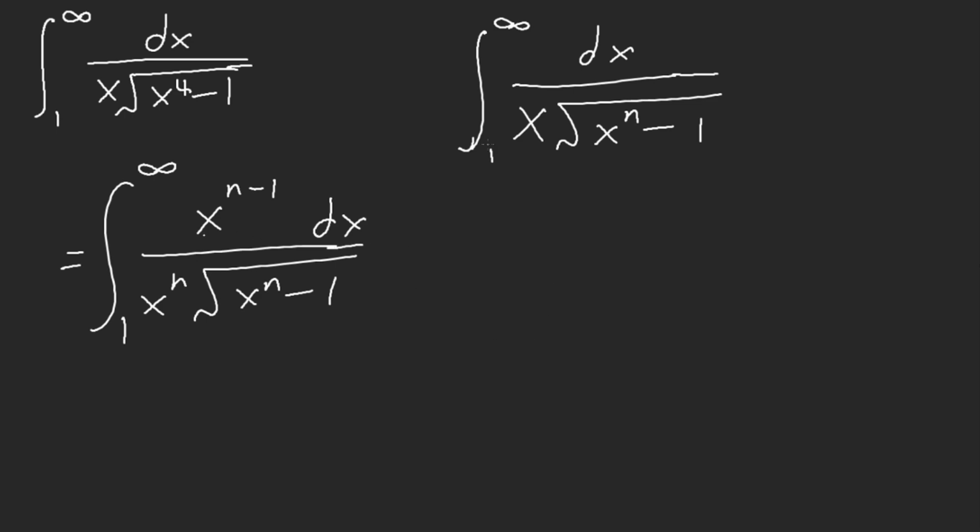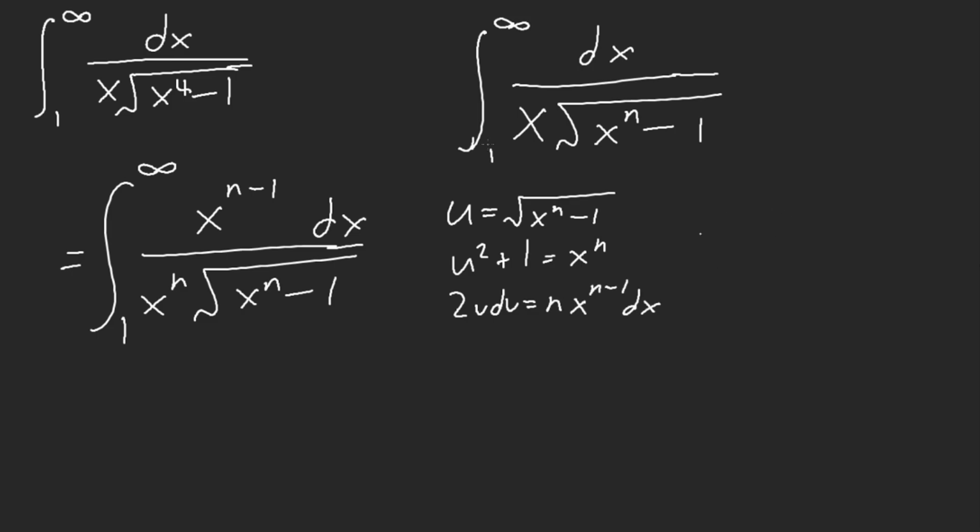Pretty much I multiply top and bottom by x to the power of n minus 1, and we get this. Then if you let u equal the square root of x to the n minus 1, u squared plus 1 is equal to x to the n, and then 2u du is equal to n x to the power of n minus 1 dx. So now you have 1 over n.